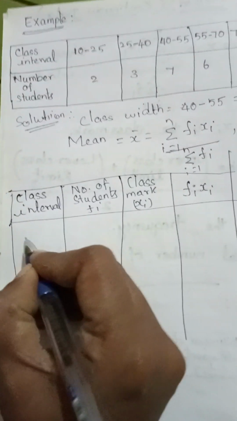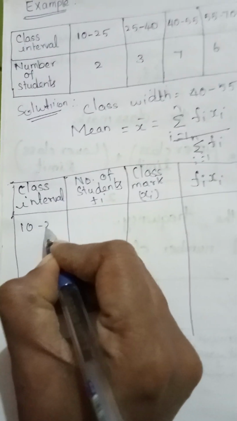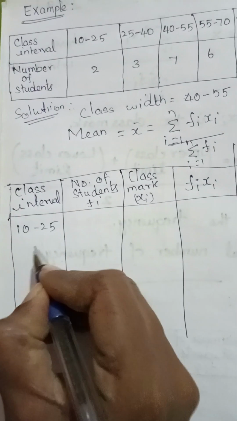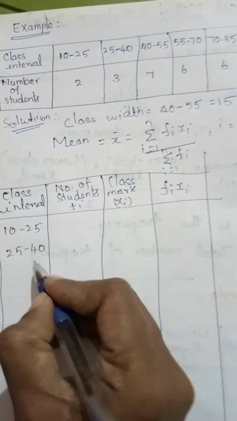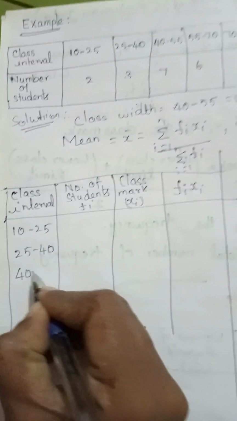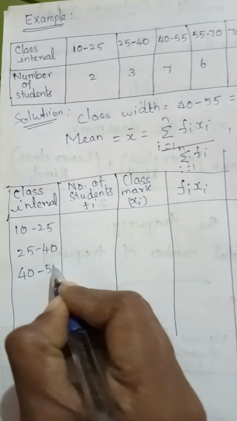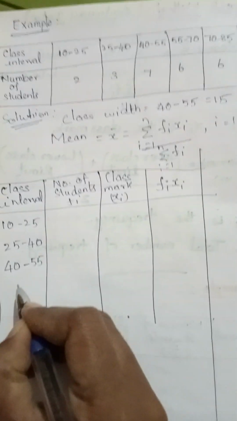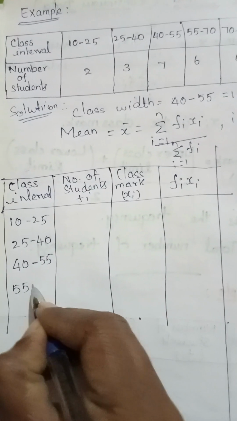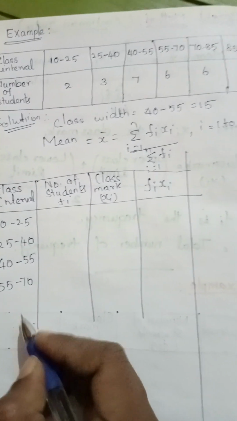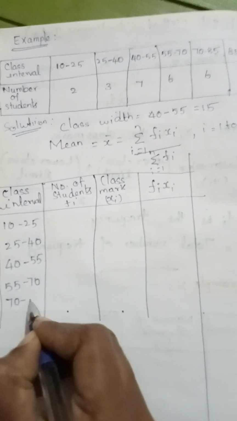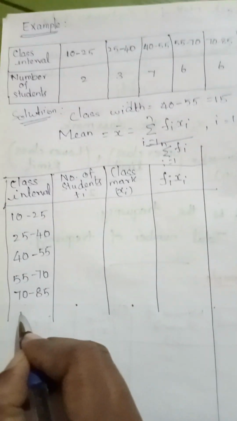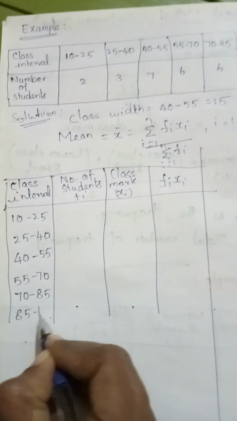The first interval is 10 to 25, the second 25 to 40, the third 40 to 55, next 55 to 70, next 70 to 85, next 85 to 100.